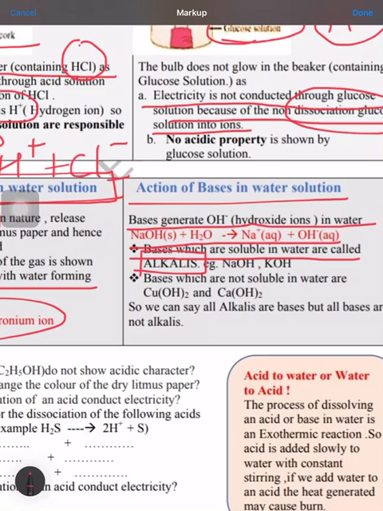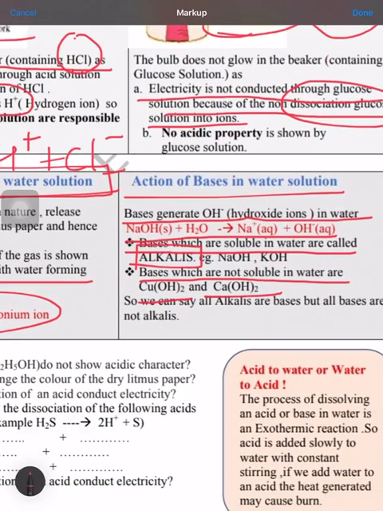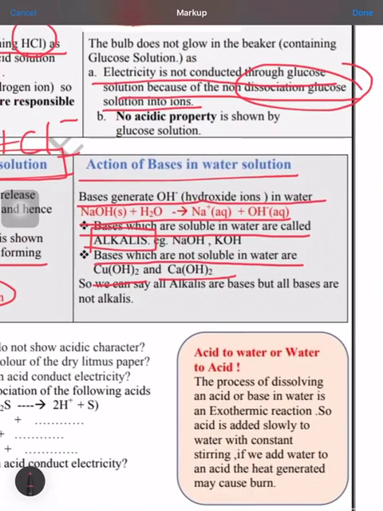So generally, when we talk of the bases, it is the first group, sodium and potassium hydroxides, and these are known as alkalis. Bases which are not soluble in water are copper hydroxide, calcium hydroxide. So we can say that all alkalis are bases, but all bases are not alkalis.